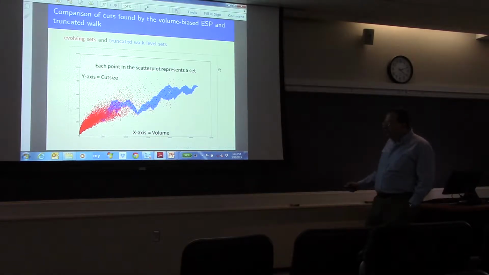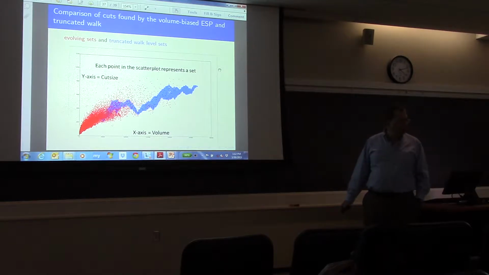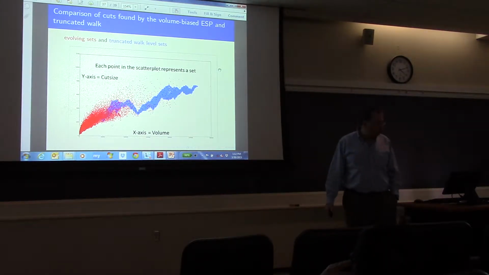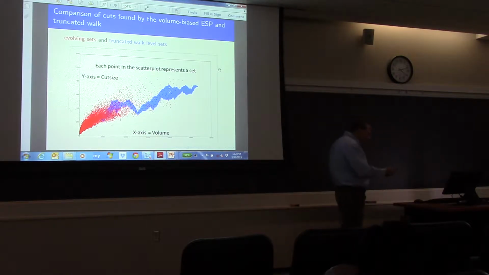So what we want is to get really the smallest cut size for a given volume, and the red points represent experiments of the evolving set process, and one sees that it always does at least as well in this sample as the random walk based process, but there's room for a lot more experiments in many more settings.